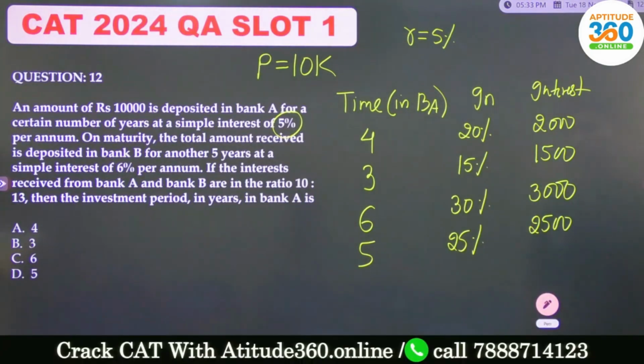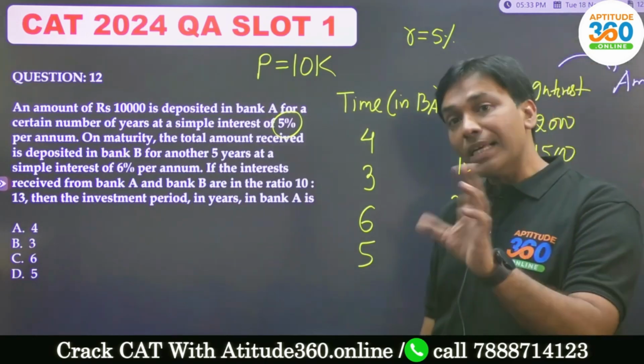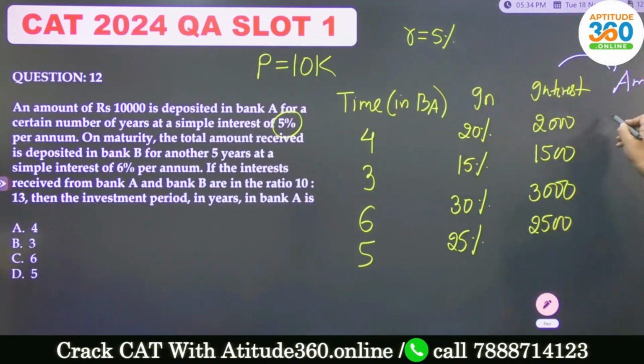That is the interest. And after interest, what is going to be the amount then? Because it has to be 10,000 plus that value. 10,000 plus this becomes 12,000 rupees. And then you're having this as 11,500 rupees and then 13,000 rupees and then 12,500 rupees.